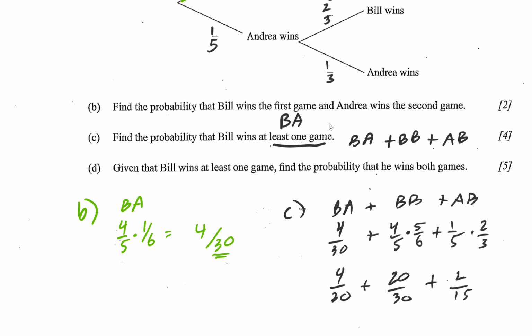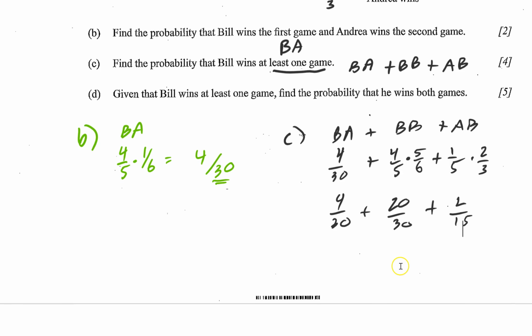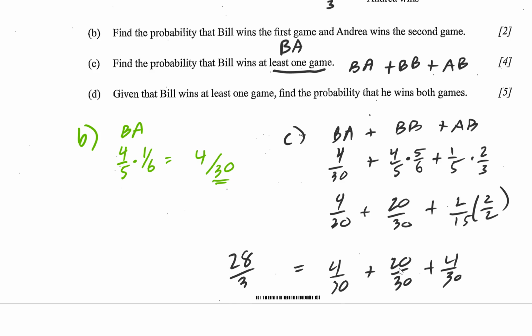We're gonna add all these together. So I need a common denominator. So let's multiply this by 2/2. So I get 4/30 plus 20/30 plus 4/30. And I get 28/30. So that's odds that Bill wins at least one game.